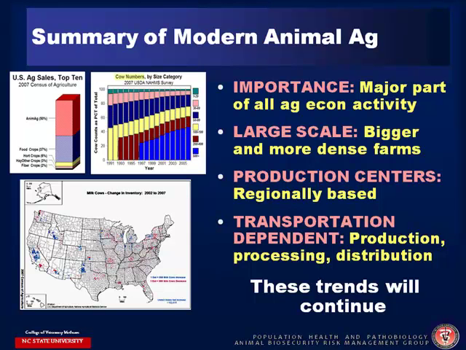We need to account for that when we are developing our programs. And then lastly, as I mentioned multiple times, they are very transportation energy dependent. And as oil goes well over $100 a barrel, it's going to be more difficult to move pigs from North Carolina to Wyoming. It's going to be more difficult to move chicken from Arkansas to New Hampshire. We'll figure out how to do it, but it's going to be more expensive.